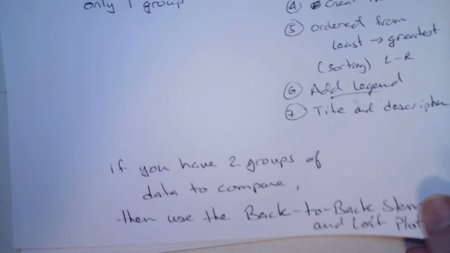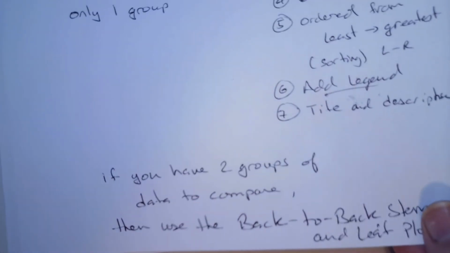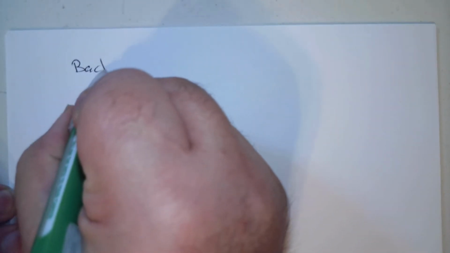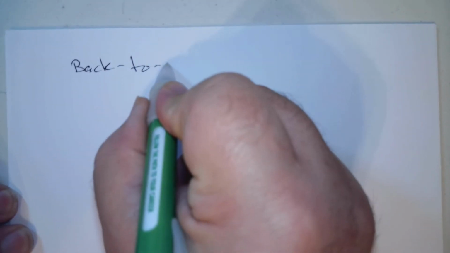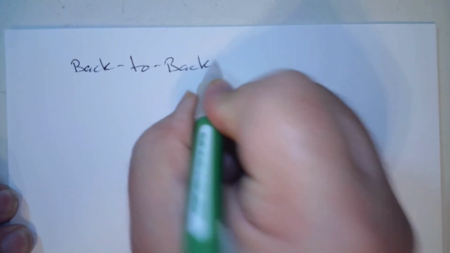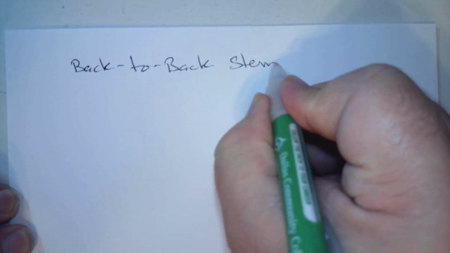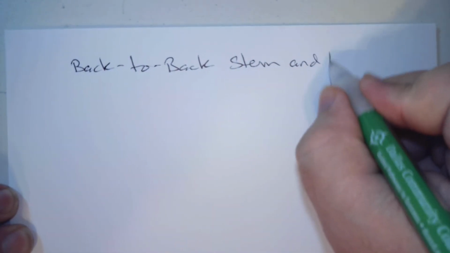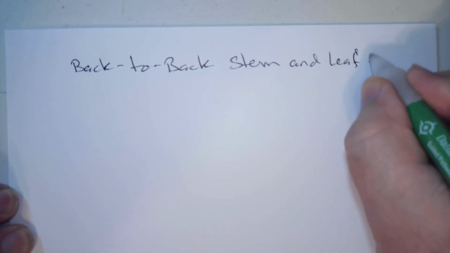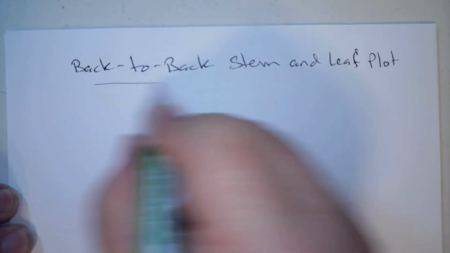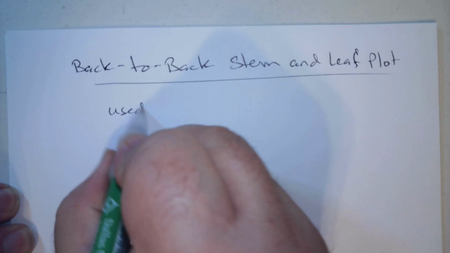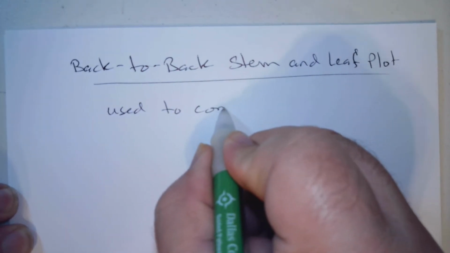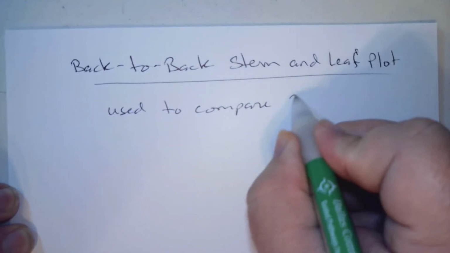That's the next one. Back to back stem and leaf plot. Used to compare two groups.